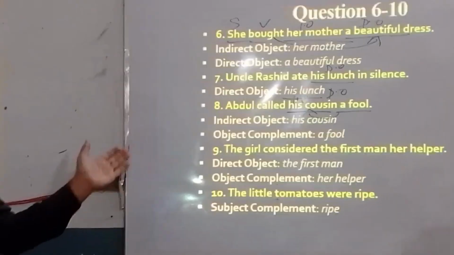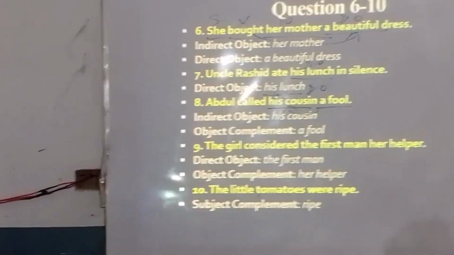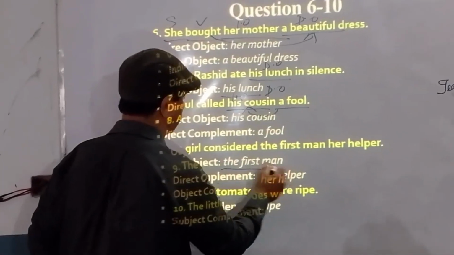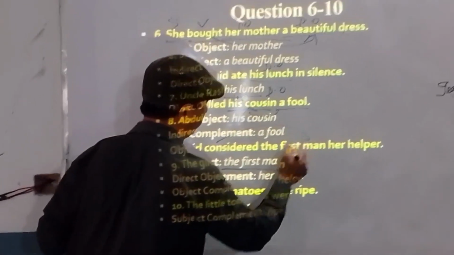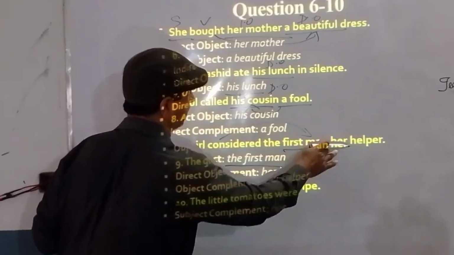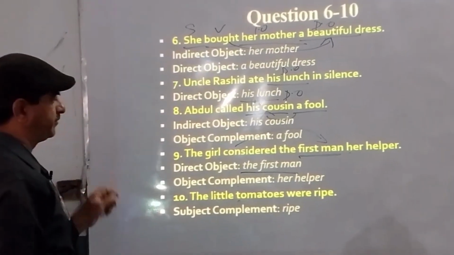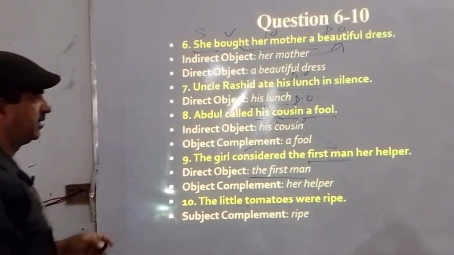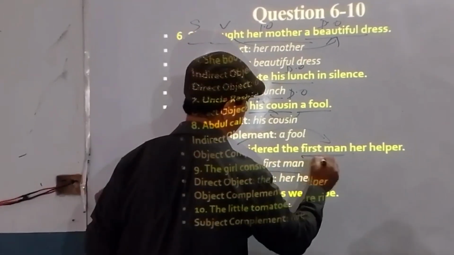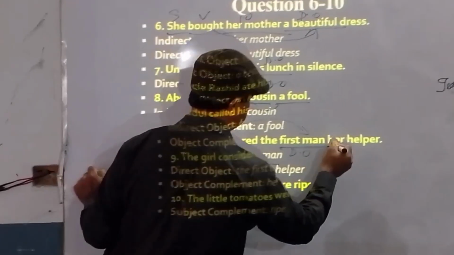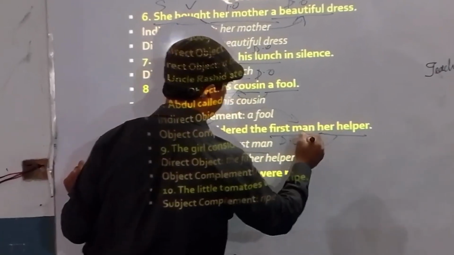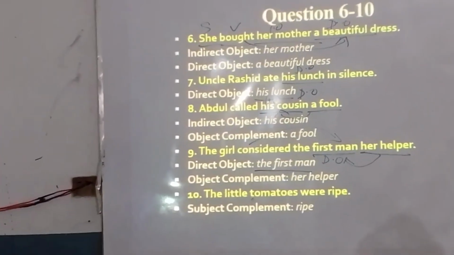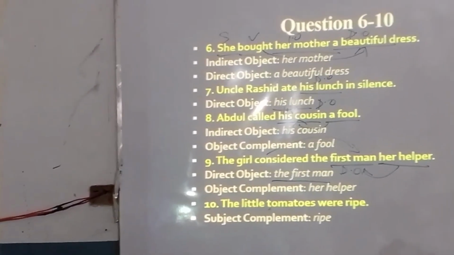Next one. The girl considered the first man her helper. Why the first man? The action of considering is directly affecting the first man. Clear? The first man is direct object, and her helper is completing the object. That's the reason her helper is object complement.